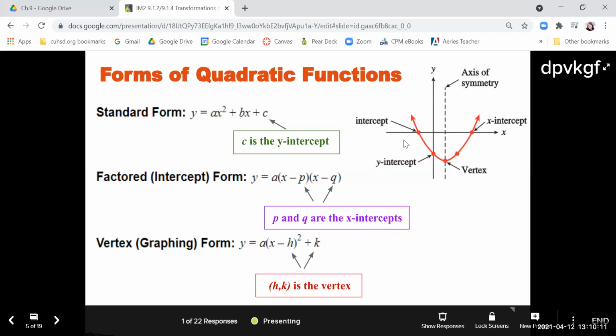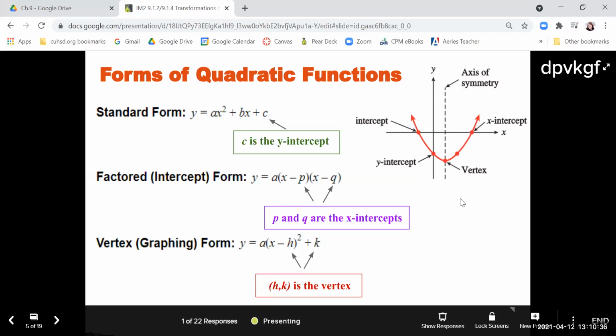They also help us identify those x-intercepts on the graph itself. So P and Q would represent the x-intercepts. And then to graph using factored form, we'd want to then find the halfway point between the two x-intercepts to get the x-coordinate of the vertex, plug it back into the equation to get the y-coordinate of the vertex. And that's a whole process in and of itself as well.